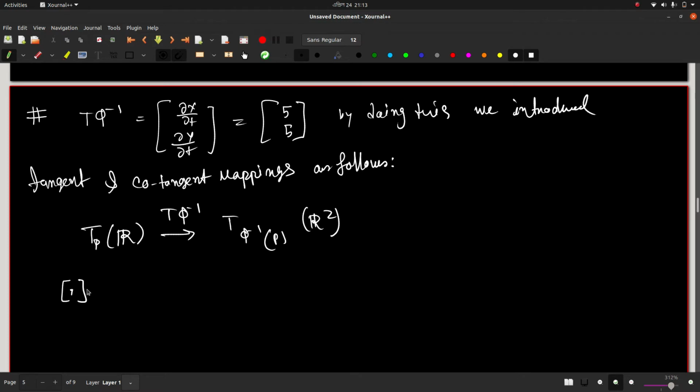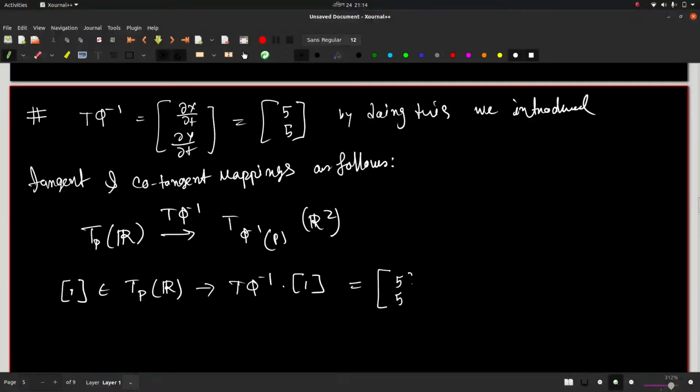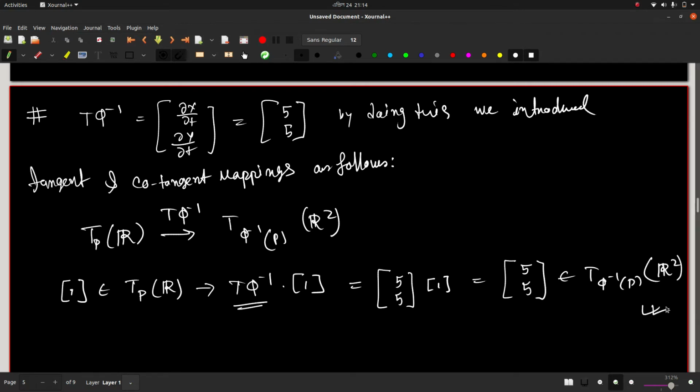So this one, which belongs to the tangent space of the manifold, will become something like this, equals 5 5 times 1, because now you are just using the value of this d phi inverse 1, and this is just 5 5, which belongs to d phi inverse 1 of p into R squared. This is the justification.